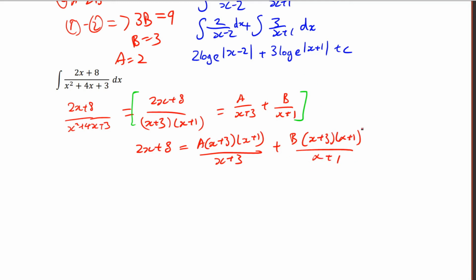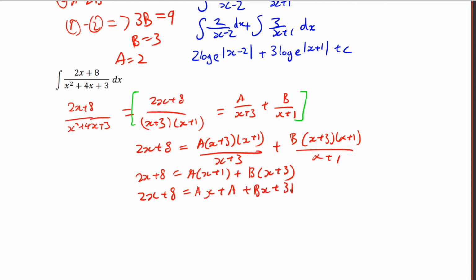Then my (x + 1) cancels, and my (x + 3) will cancel. We get 2x + 8 equals A(x + 1) plus B(x + 3). Again, I'll expand it and collect like terms: Ax + A + Bx + 3B.